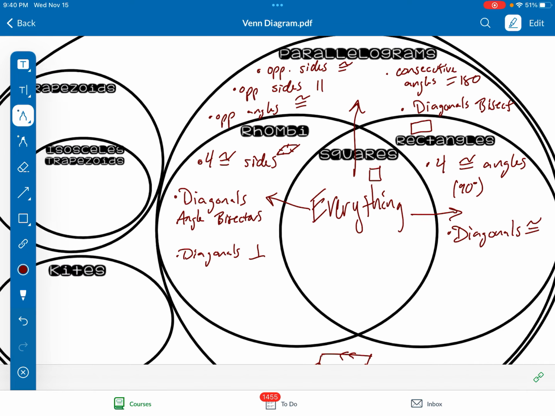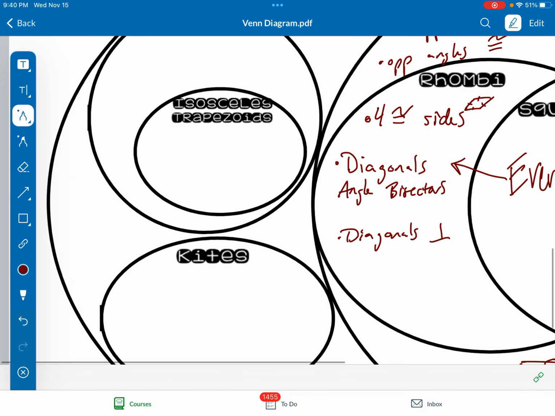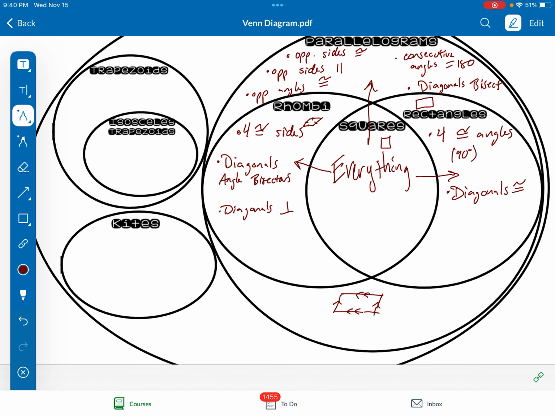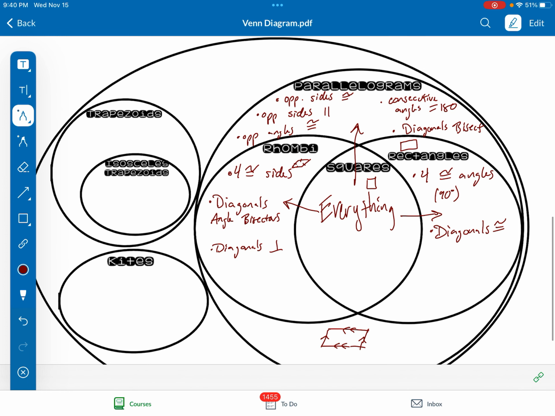Okay, and then tomorrow, Friday, you will get to fill in these 3 circles, and these 3 circles are not going to be parallelograms, right? So anything true about any of these, not going to count for either of these. So you'll get to fill those in tomorrow.